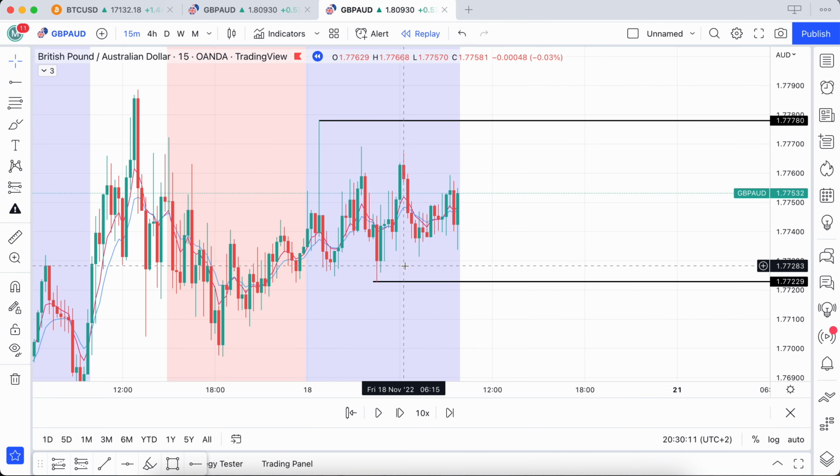So now you have the range of the Asian session. And now what you have to do is simply wait throughout the London session on each 15-minute candlestick closure to see if this candlestick is potentially giving you a position to execute.